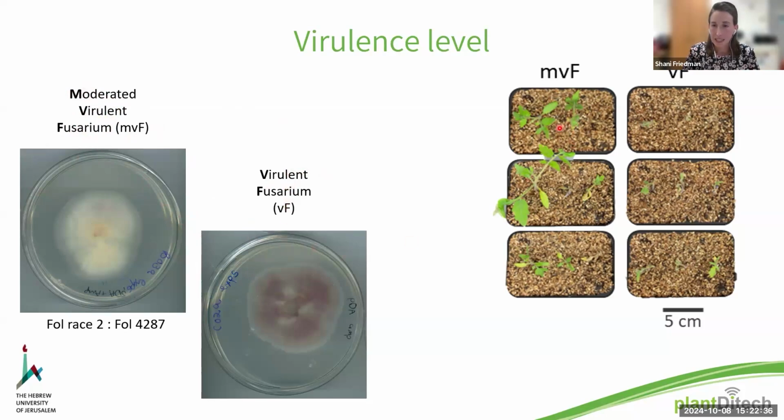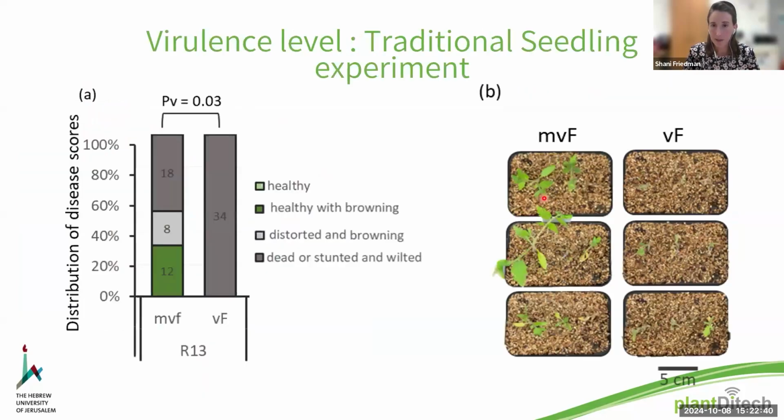We did a traditional seedling assay proving the differences between the strains. In traditional methods, you take tiny seedlings and inoculate them. Then 3 weeks later, you score the symptoms. This is picture 3 weeks later. And you can see that the virulent Fusarium inoculated plants were dead or wilted.